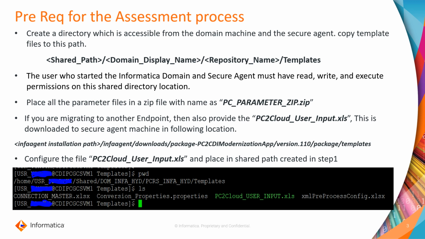These files are present under the secure agent installation path, infra agent, downloads, package, version, package, templates location. You can take the files from this path, copy them to the shared path templates folder and configure them.